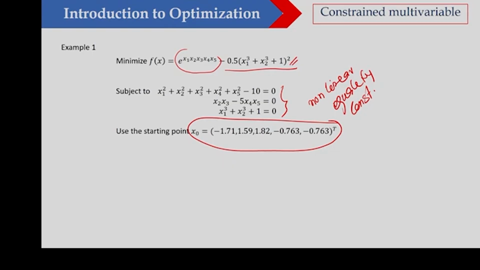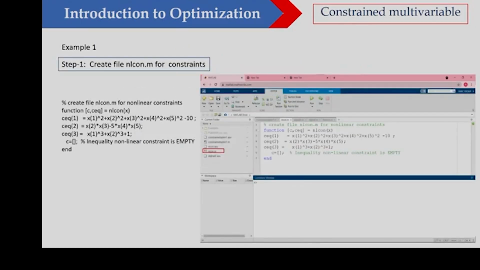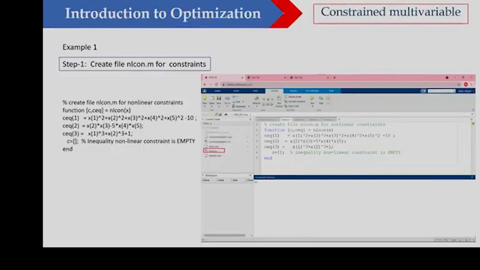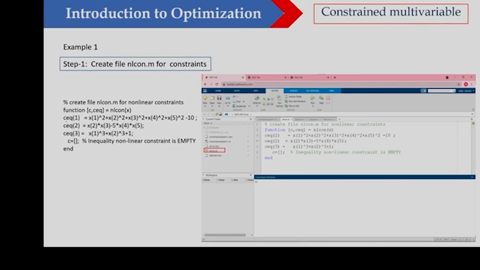So, let us see how I can solve this particular problem using the fmincon function. We have non-linear equality constraints, so I have to write a function to define the constraints. Here we have 3 constraints, and these are equality type, so I am writing CEQ1, CEQ2 and CEQ3.